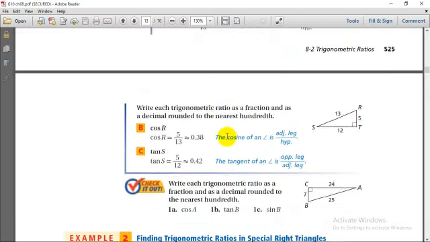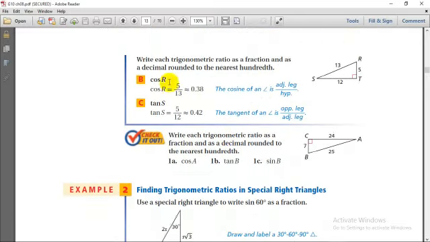Here, what's the cosine of R? This is my R. We said the cosine is adjacent over the hypotenuse, so it's 5 over 13. What is the tan of S?